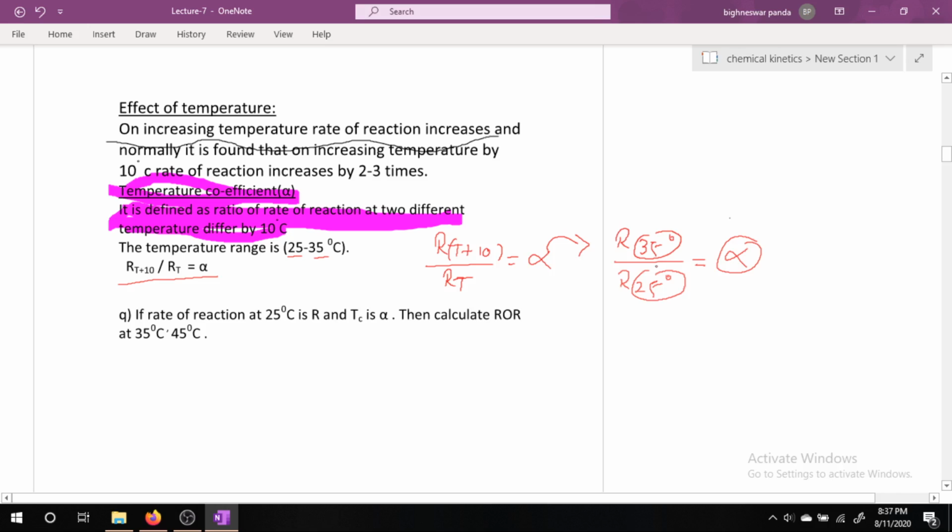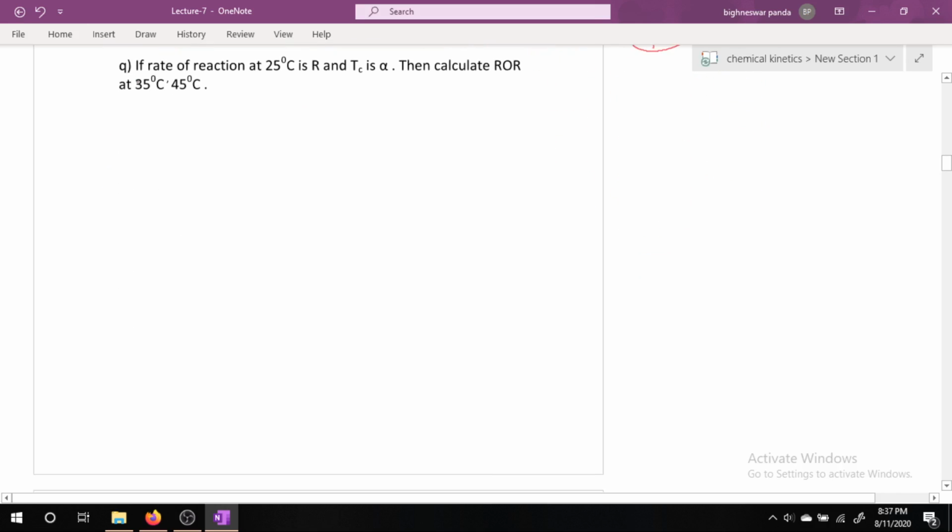We are going to solve a problem. The question is: if the rate of reaction at 25 degrees Celsius is R and the temperature coefficient is alpha, calculate the rate of reaction at 35 degrees Celsius and 45 degrees Celsius.